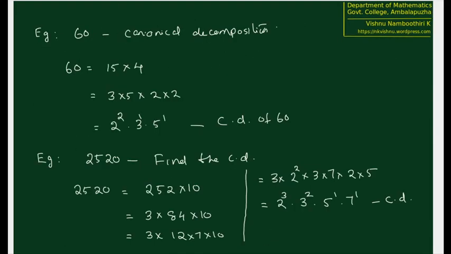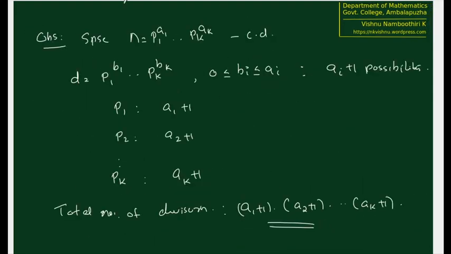Now we have a question using the observation previously. Find the number of divisors of the number 2520. We will use the prime factorization, the canonical decomposition, which is 2 cube 3 square 5 7.